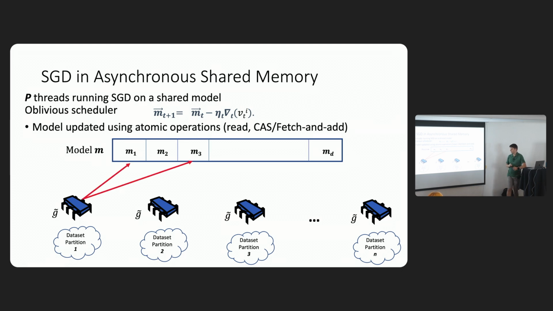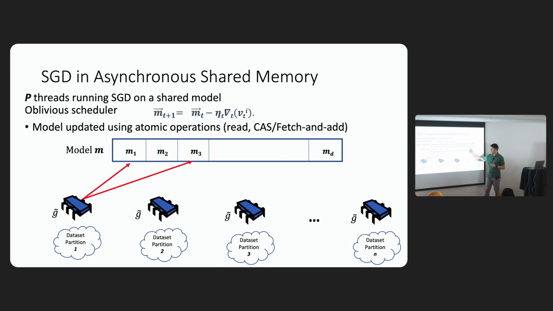Okay. All right. The original Hogwild analysis analyzed this in the setting where the data set is sparse, and therefore the threads will only update a specific subset of features.